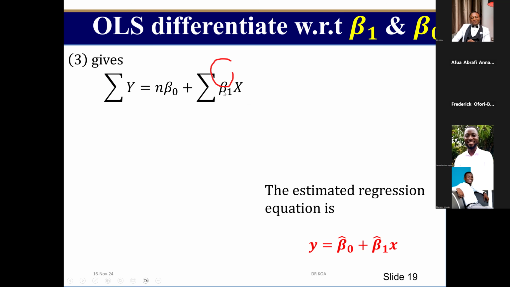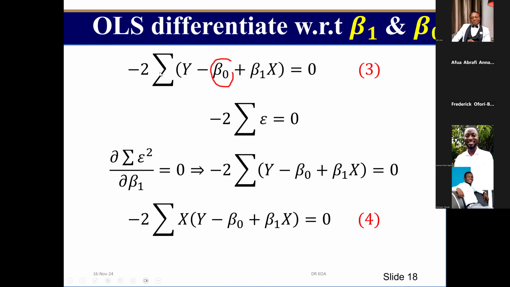Remember, this one had a beta 1 and then plus x as well. You can see that from here. So you are just taking this sigma. Of course, you have to clear the negative 2 by dividing both sides by negative 2, so that will clear it to be 0. And then you multiply this sigma by the x, you get sigma x beta 1, or beta 1 sigma x.